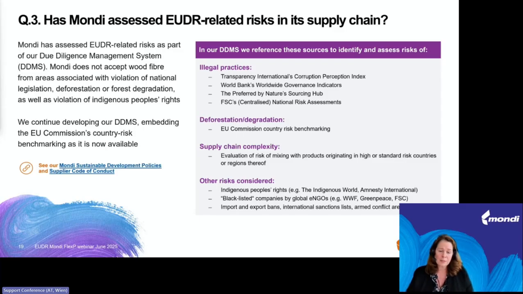And then the last part is around any other kinds of risks that might be highlighted by environmental NGOs in the media brought to our attention. Could also be import and export bans or international sanctions lists, those types of things. So multiple aspects that we consider in our due diligence management system.